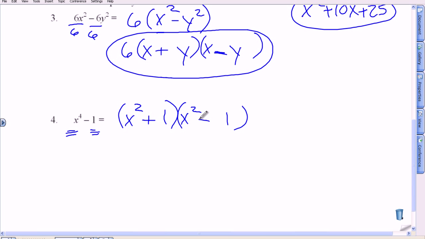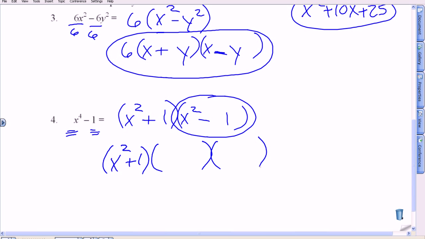Now, this second term, x squared minus 1, is difference of two squares again. I'll bring down my x squared plus 1, which is not factorable. For the second expression here, x squared minus 1, the square root of x squared, the square root of 1, plus minus. And that is the answer to number 4.